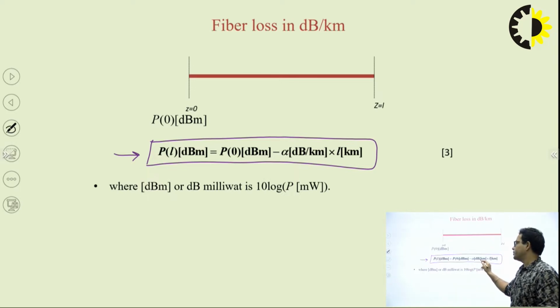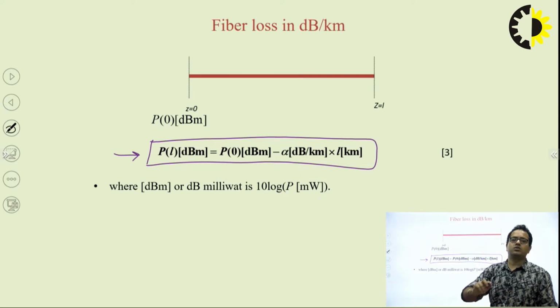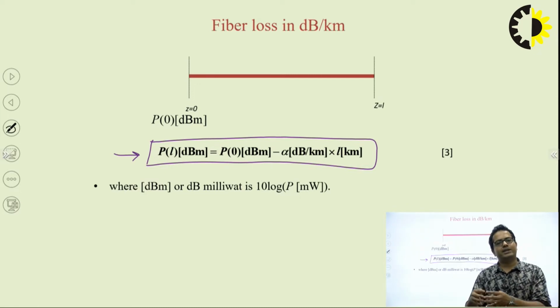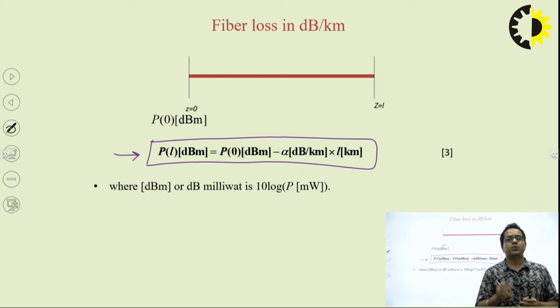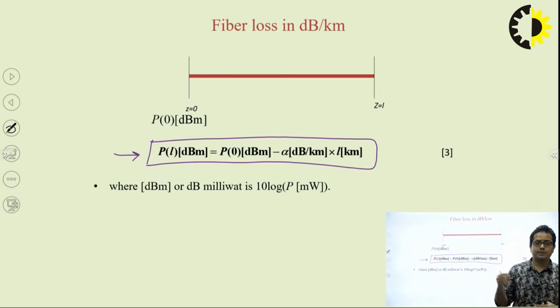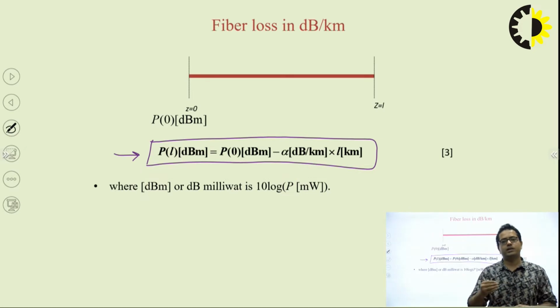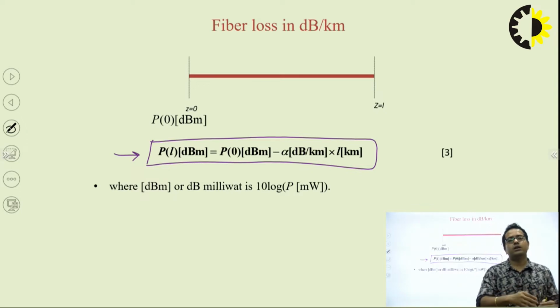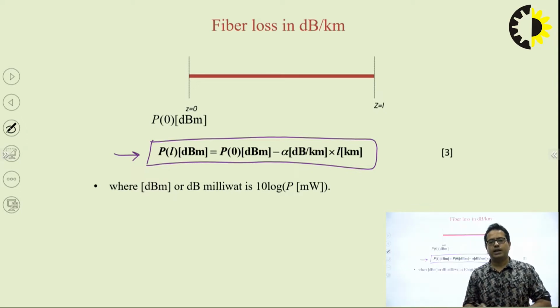Because alpha is in dB per kilometer, multiplied by L in kilometers, we will get the power. So that is the power available at a distance Z equals L. One can use the previous formula of alpha to calculate the attenuation factor, and include that attenuation factor in calculating the power at a distance Z equal to L.